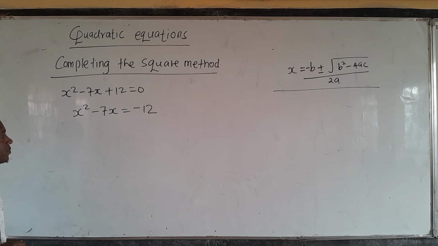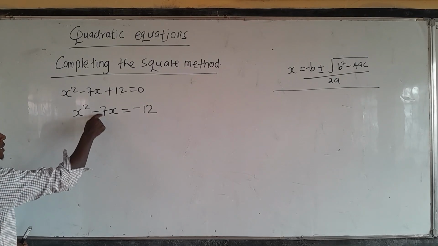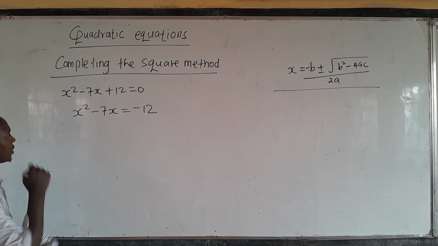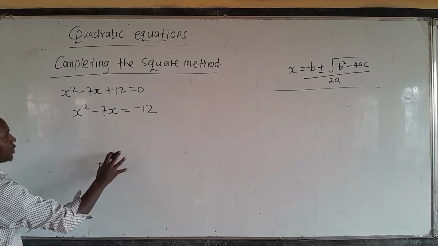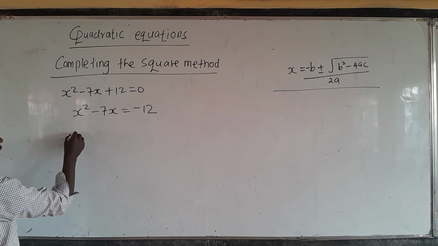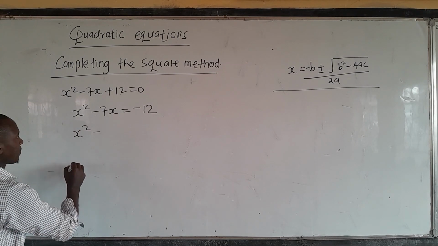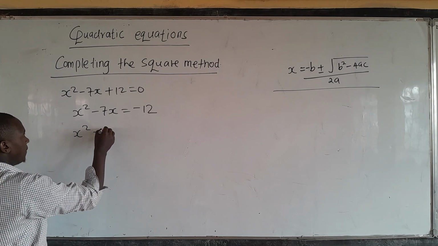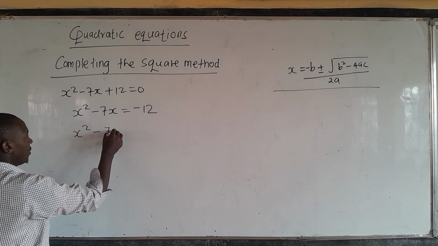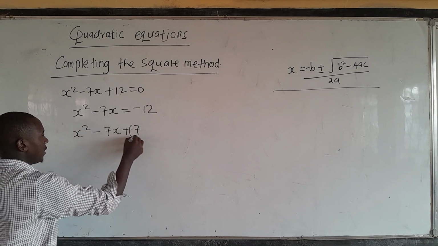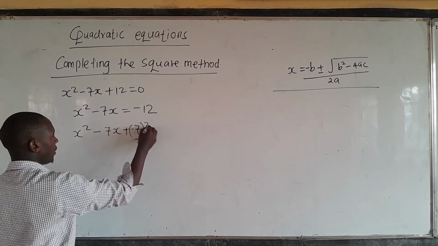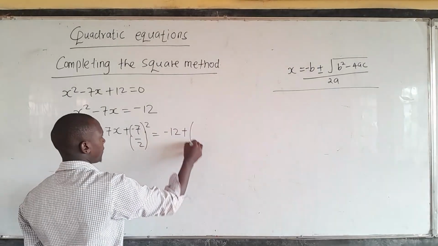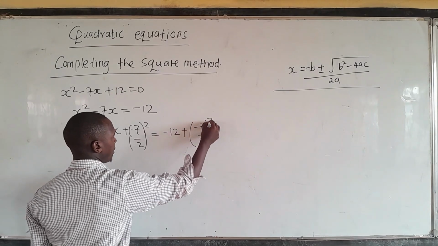The next step is that we take b, we divide it by 2, we square it, and we add it on both sides. So we are going to have x squared minus 7x plus negative 7 over 2, squared, equals negative 12 plus negative 7 over 2, squared.